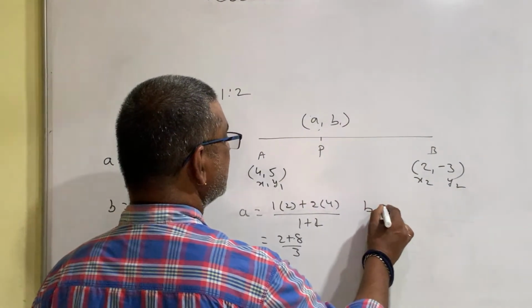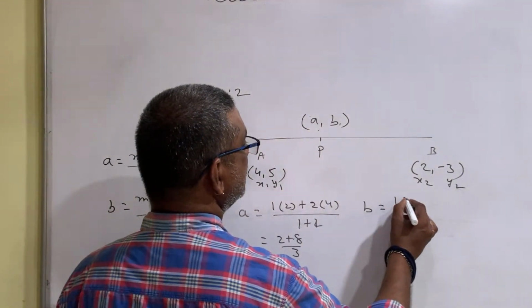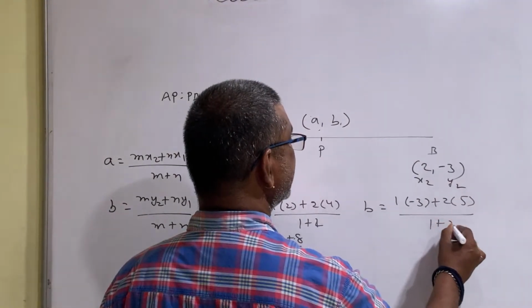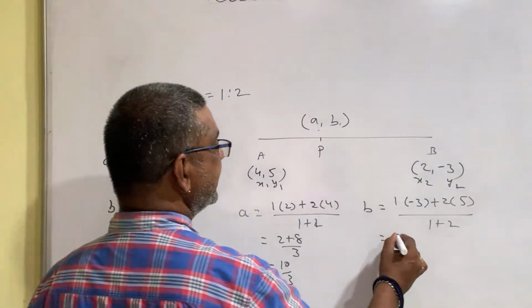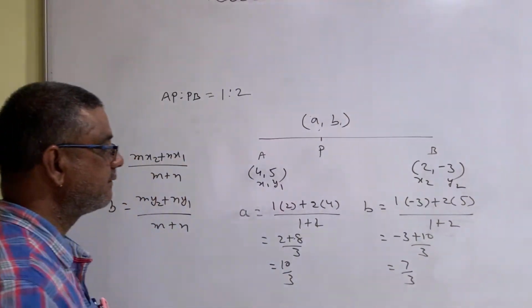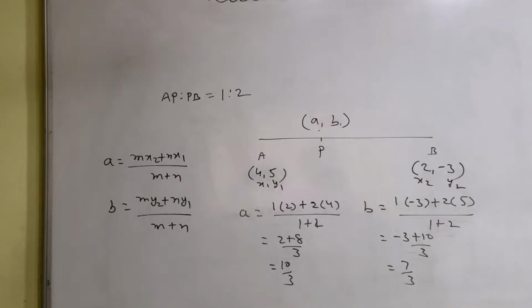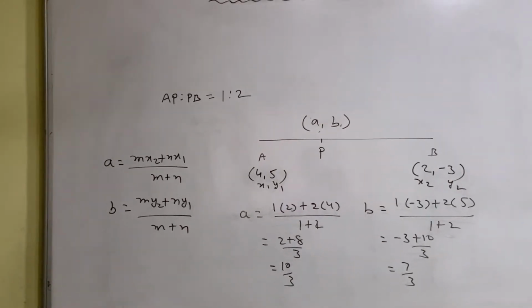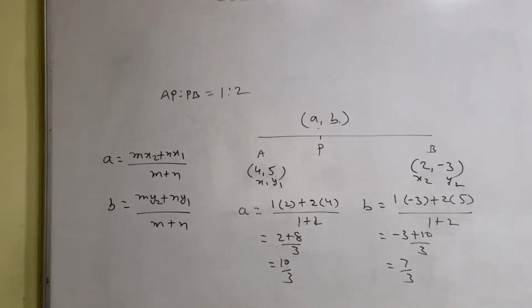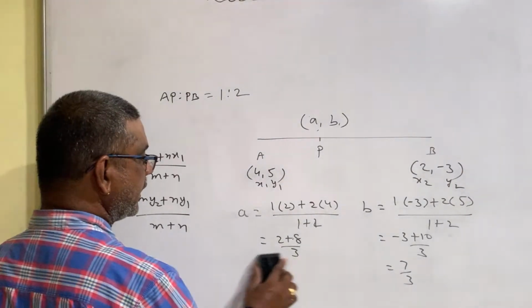Coordinates of B, my2 plus ny1 by m plus n, minus 3 plus 10 by 3, 7 by 3. So the coordinates of P are 10 by 3 comma 7 by 3. Okay?